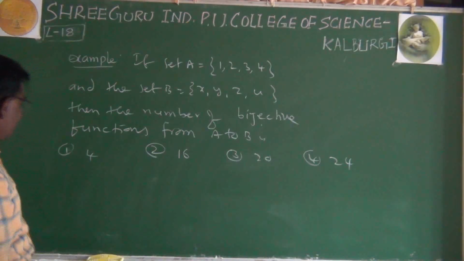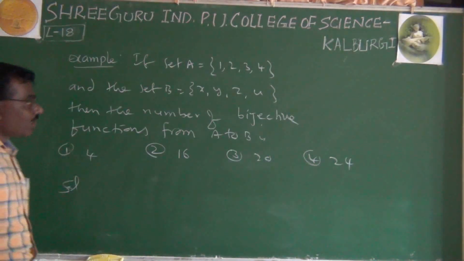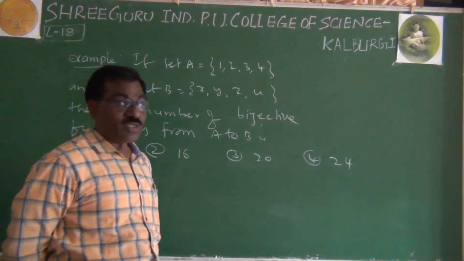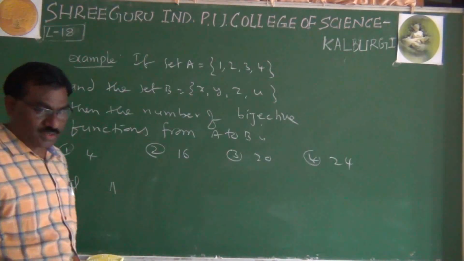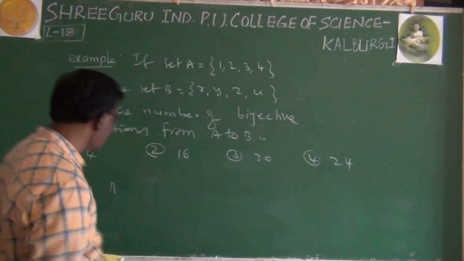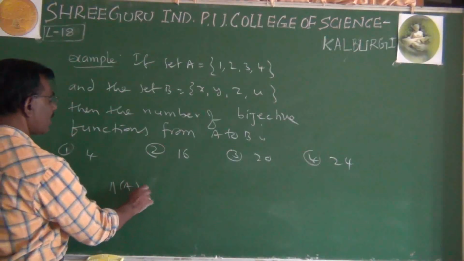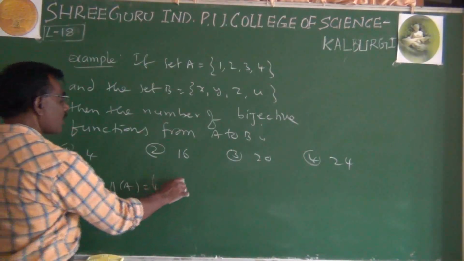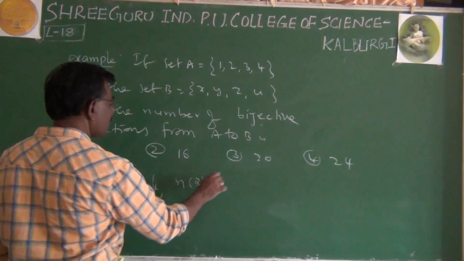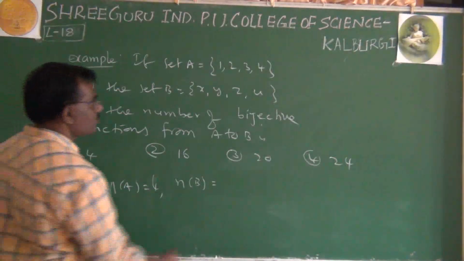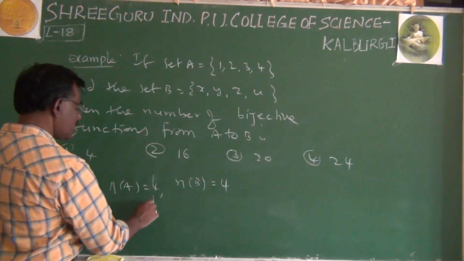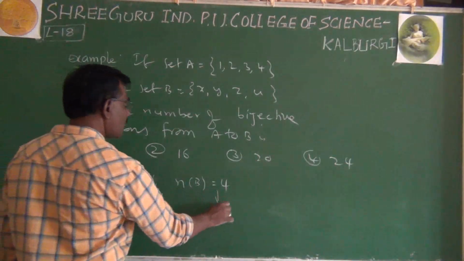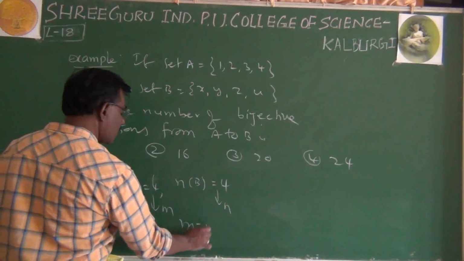It is not difficult. What is n of A? n of A is 4. n of B, how many elements? 4 elements. Here this is called m and this is called n, so m equals n.